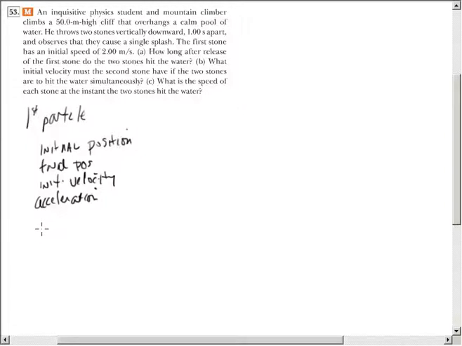There is an equation, YF, the final position, equal to the initial position plus the initial velocity times the time plus 1/2 the acceleration times the time squared.